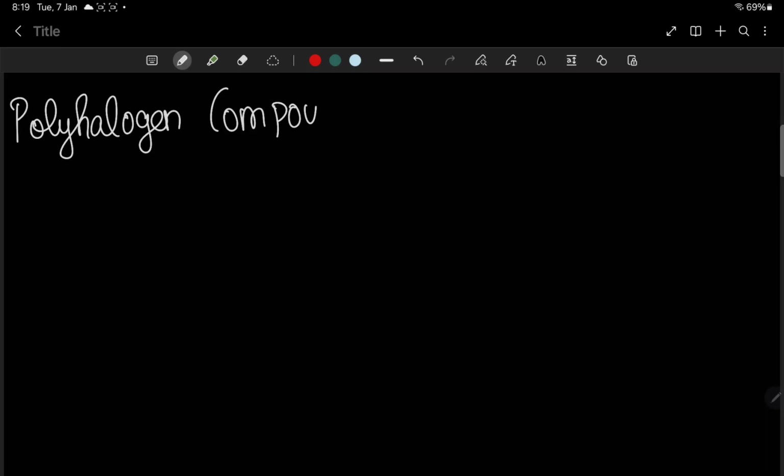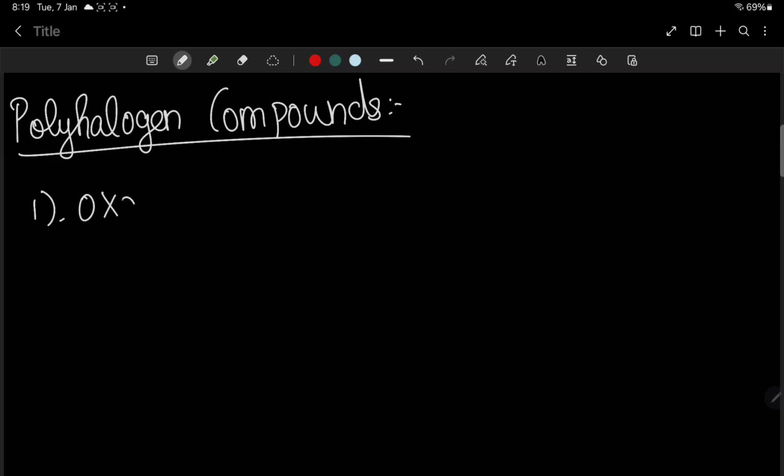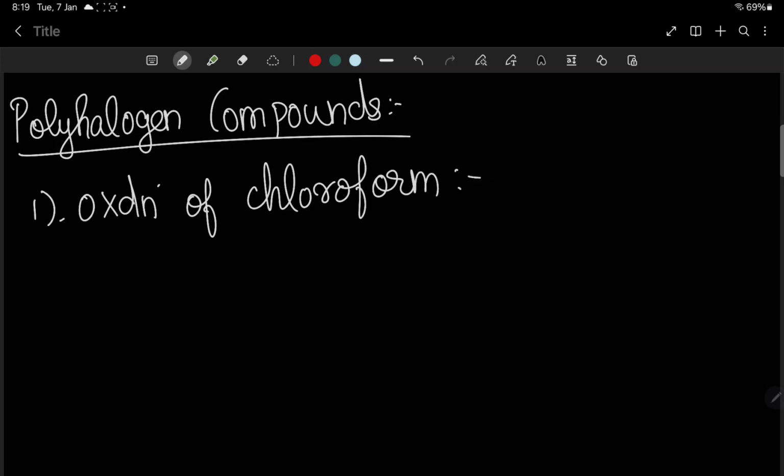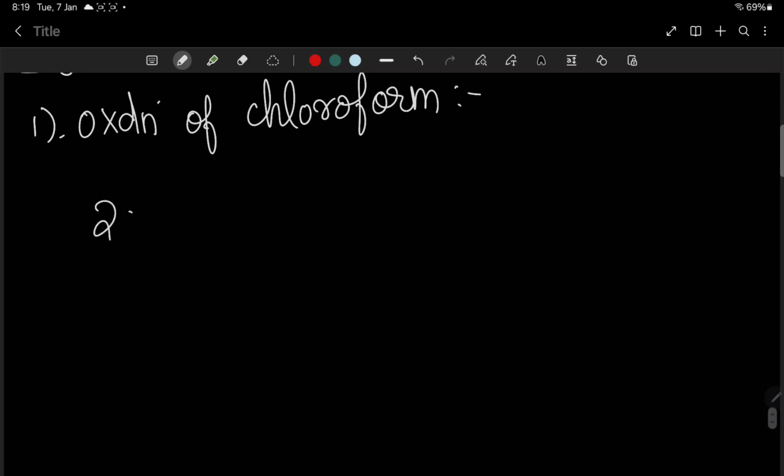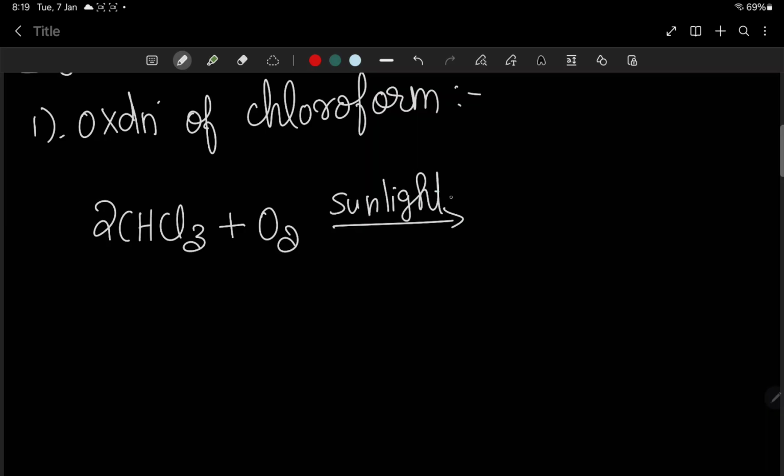Now some reactions from polyhalogen compounds. One reaction is oxidation of chloroform, that is formation of the poisonous gas phosgene. 2CHCl3 plus O2 in presence of sunlight, we get COCl2 plus 2HCl.